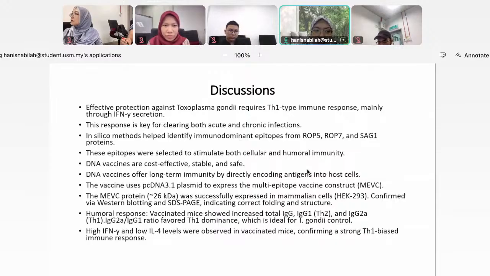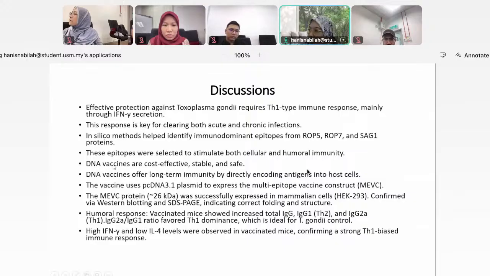This response is important to clear both acute and chronic infection. And then the in silico part helps to identify the immunodominant epitopes from this Toxoplasma protein.